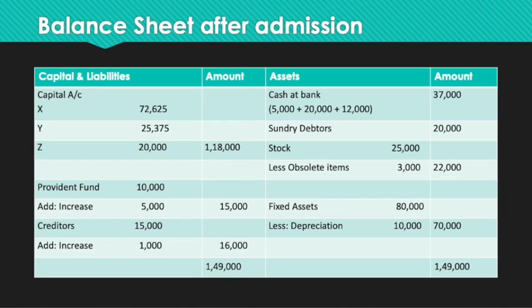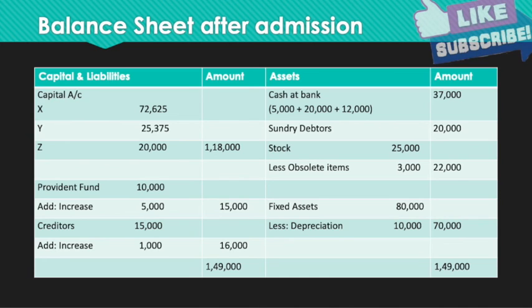So you can see very clearly creditors 15,000 add increase 1,000, that value becomes 16,000. So therefore we have only three items in the liability side: 1,18,000 for capital, provident fund 15,000, and creditors 16,000. Now if we add these three, we get the tallying figure as 1,49,000.